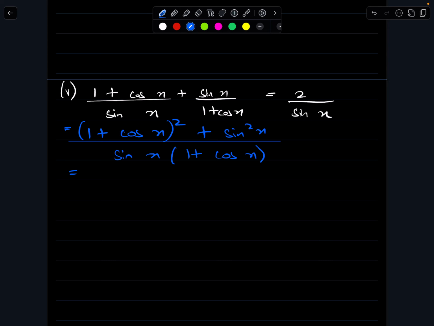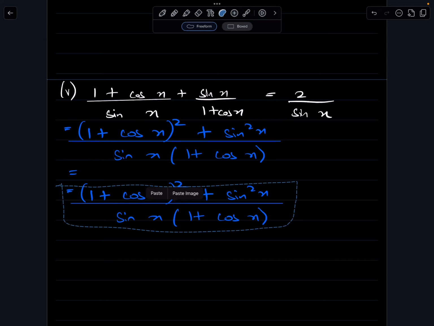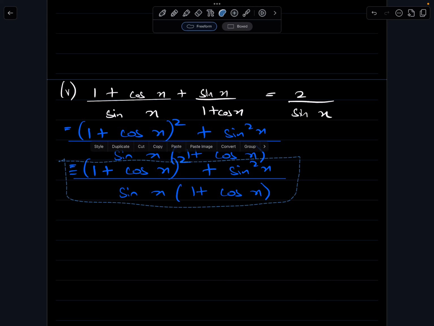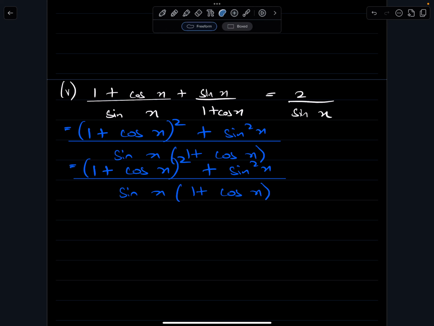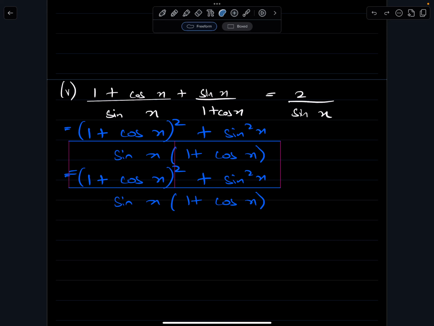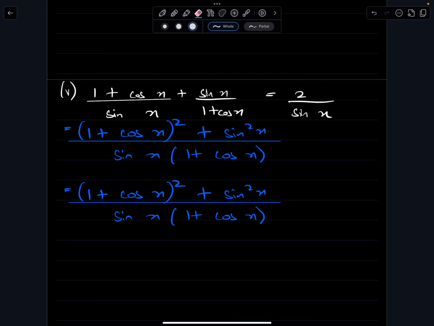Now, I can't cancel this. Thus, I'll rewrite this as something like, just a second. So I can write sine square x as 1 minus cos square x.